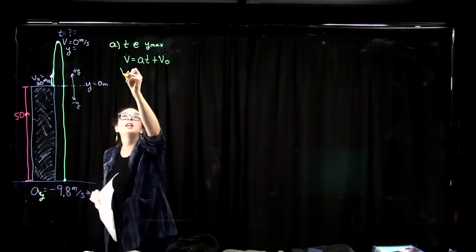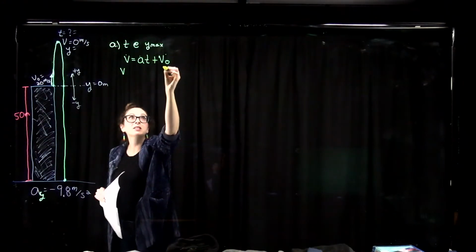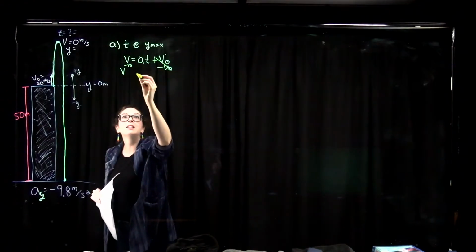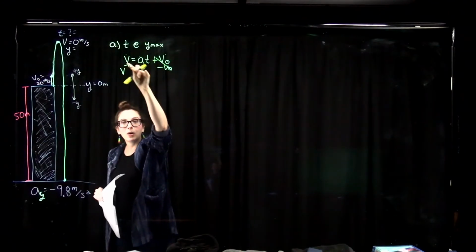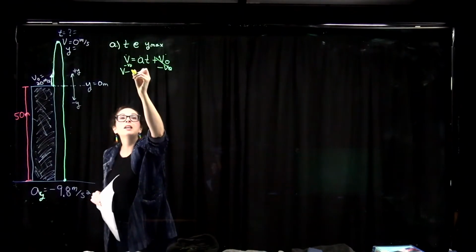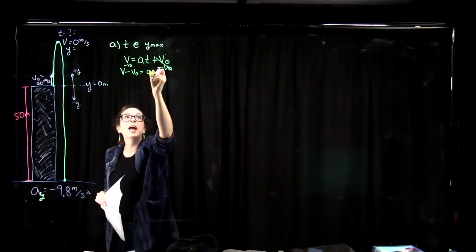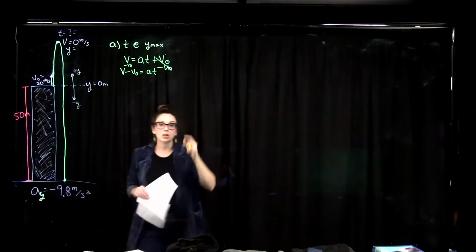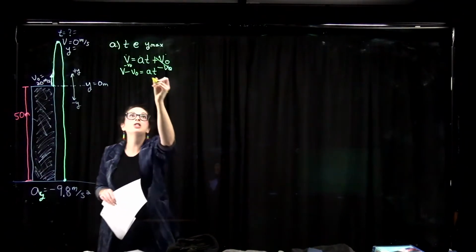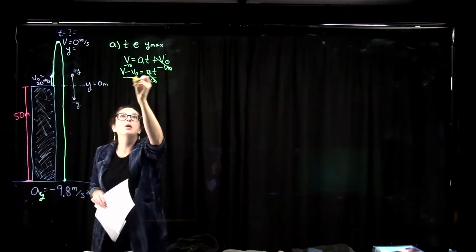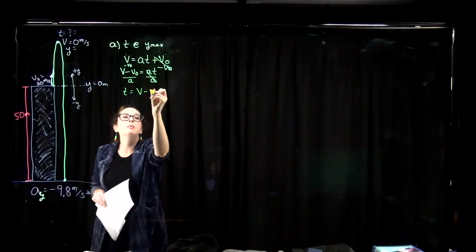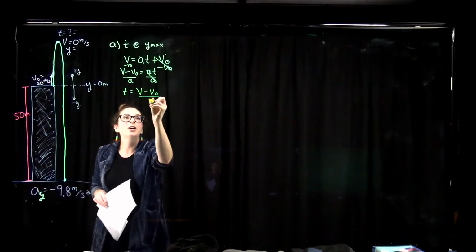So we have v, I'm going to subtract v naught from both sides here. So on this side of the equation, we're going to have v minus v naught is equal to a t. Now we divide both sides of our equation by the acceleration in order to get t alone by itself. So we have that t is equal to v minus v naught over a.